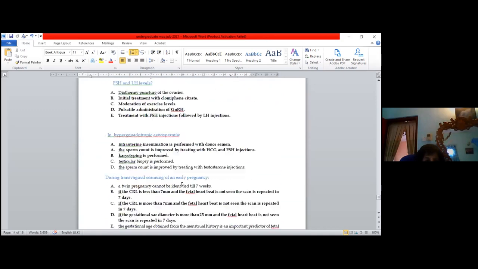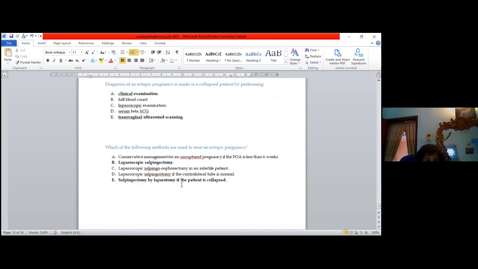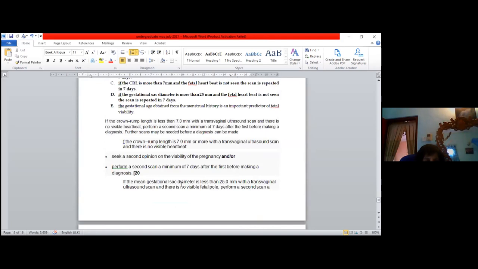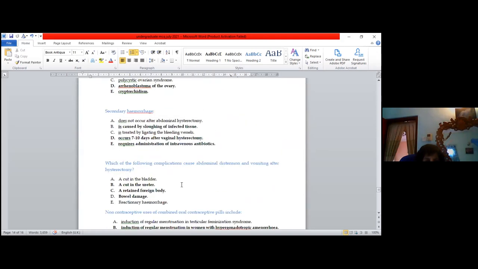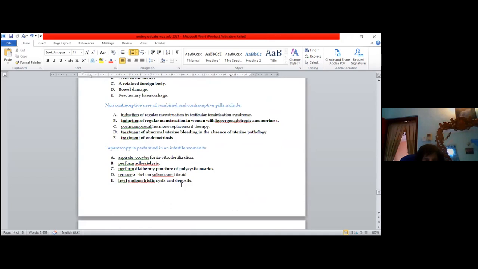Laparoscopy is performed in an infertile woman to aspirate oocytes for in vitro fertilization.